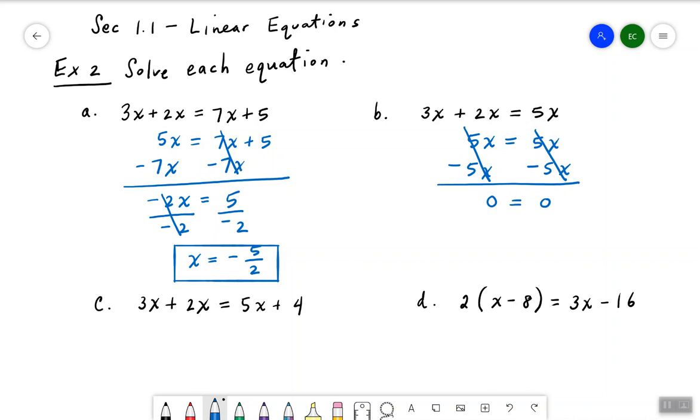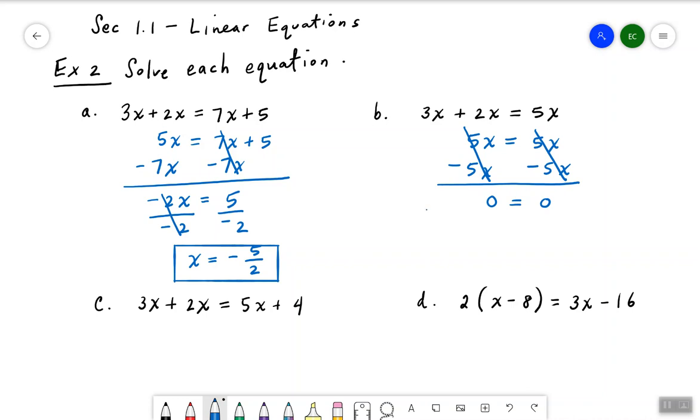But we can go ahead and make a conclusion. We can say what the solutions are. Since 0 is always equal to 0, regardless of the value of x, what that means is that any real number is a solution to this equation. Any real number is a solution to this equation.